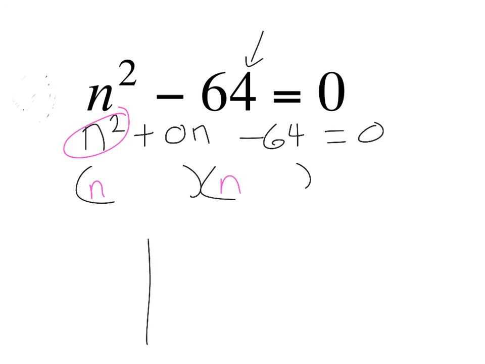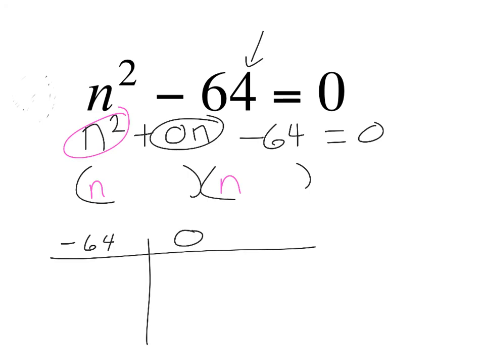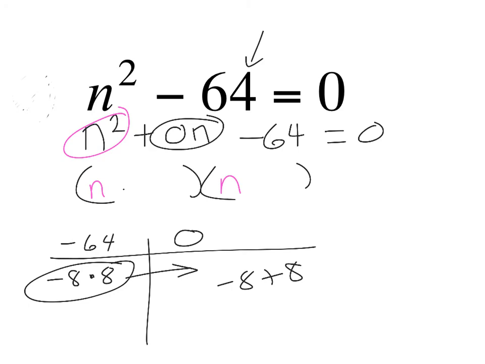And when you set up your table, you're going to ask, what do you multiply to get c? So what multiplies to get negative 64, that adds to get b, which in this case is a 0. So when you're doing your factors, I know negative 8 times positive 8 will give me negative 64, and that will also add up to 0. So that means it's going to be n minus 8, n plus 8.